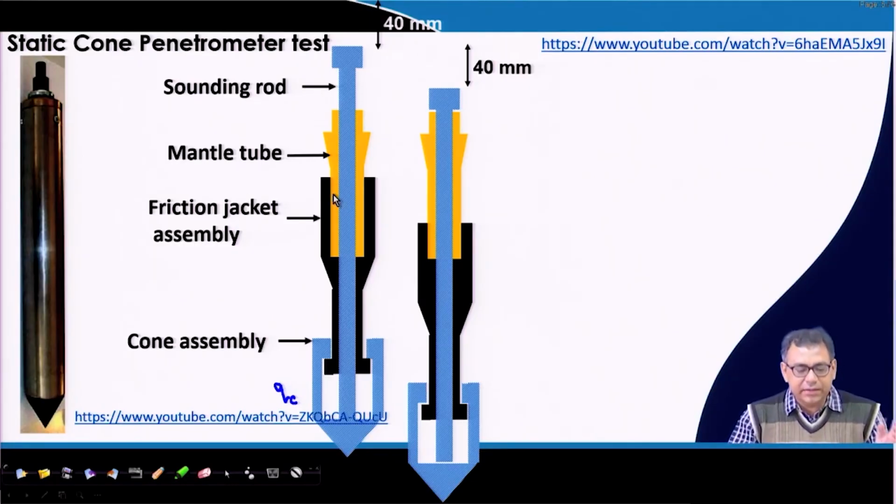So, initially the sounding rod and the cone assembly are pushed into the soil by 40 millimeter, and now the sounding rod, cone assembly and the friction jacket are pushed into the soil by 40 millimeter. So, in the second stage, the resistance that I will get is the total resistance. That means the cone resistance plus friction resistance. So, this will be the total resistance.